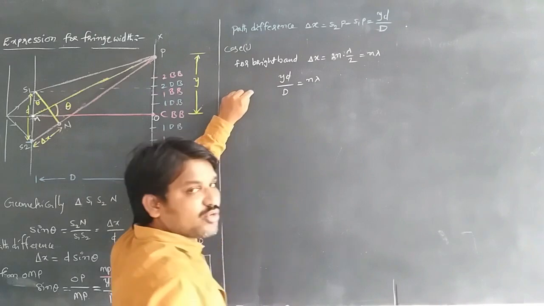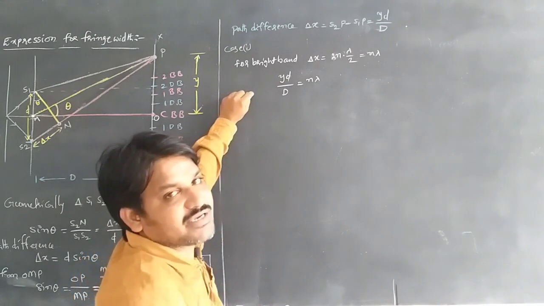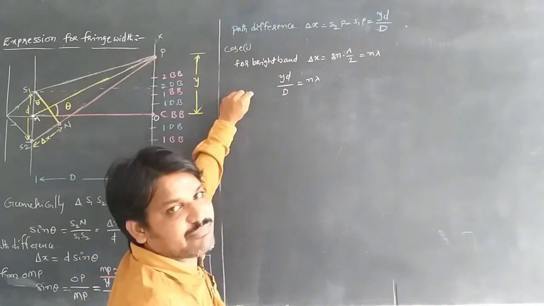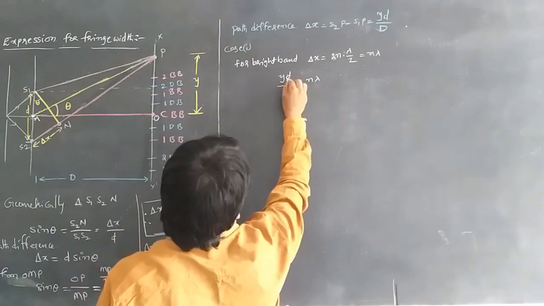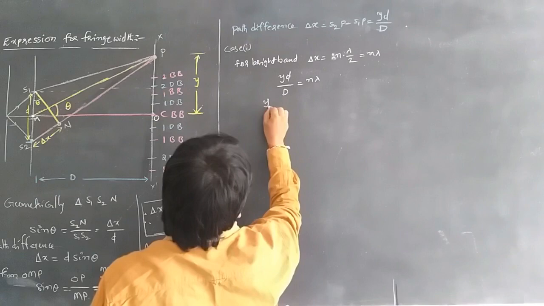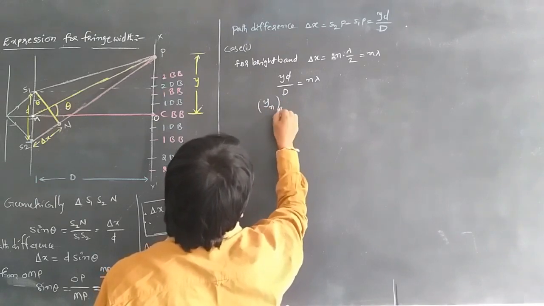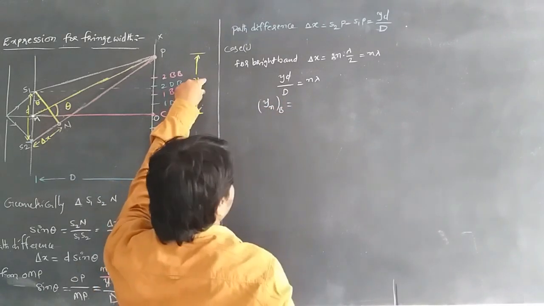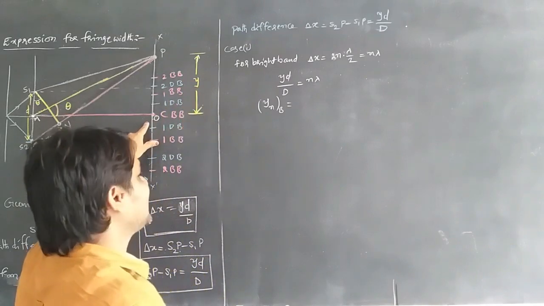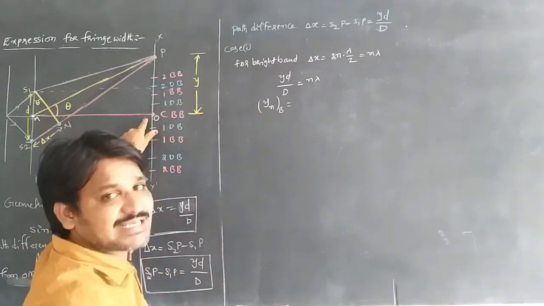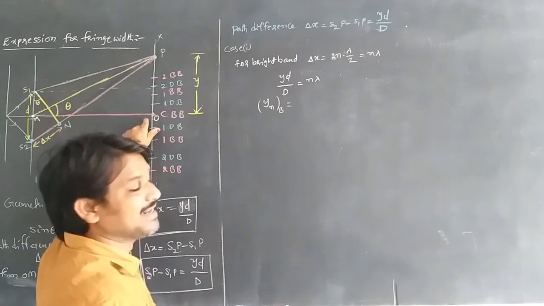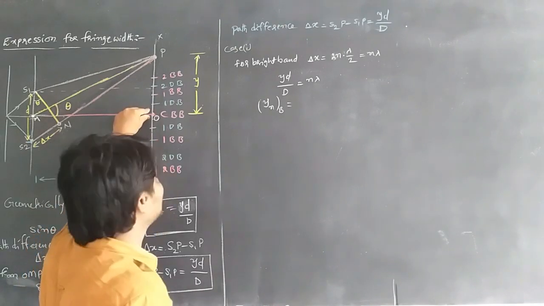For the nth bright band, n is taken as the number of bright bands. Taking capital D and small d to this side, we get y for the nth bright band. Y means the distance from the center. By using this formula we get the distance of bright or dark bands from the center of the screen to that point.